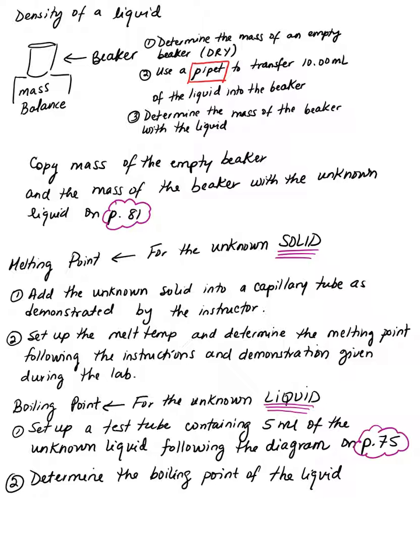But again, you're going to be measuring 5 milliliters from your unknown liquid. Those 5 milliliters go into the test tube. And then that test tube goes into your setup that you have illustrated in page 75. And I will try to have one for you so you can actually look at it in the lab and it will be easier for you to set up everything.